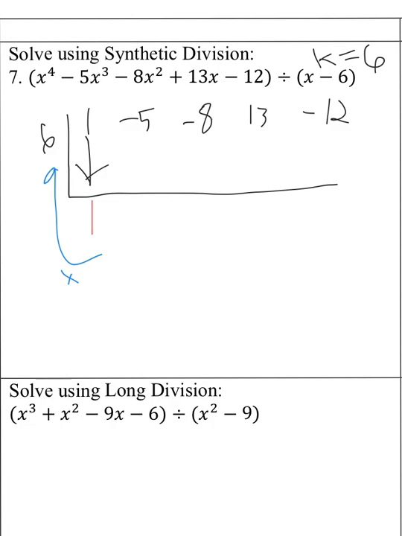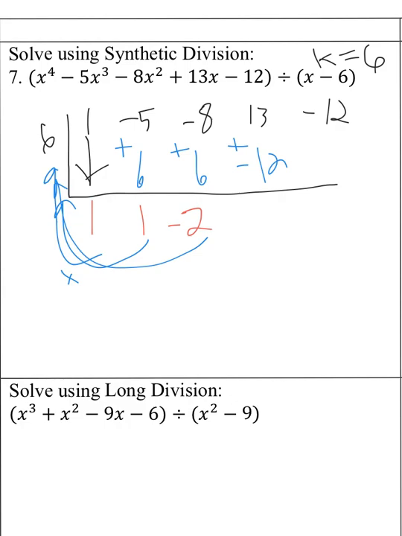So 1 times 6 is 6, and negative 5 plus 6 is 1, and 1 times 6 is still 6, and negative 8 plus 6 is negative 2, and negative 2 times 6 is negative 12, and negative 12 plus 13 is 1. 1 times 6 is 6, and negative 12 plus 6 is negative 6. So the last term is always the remainder.